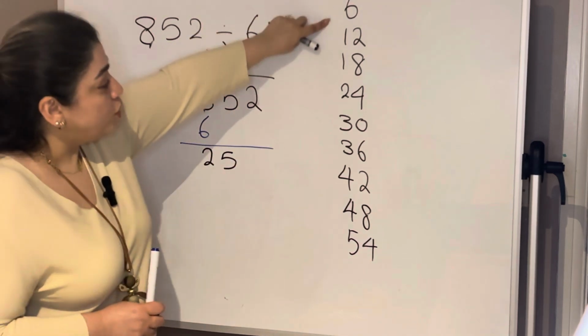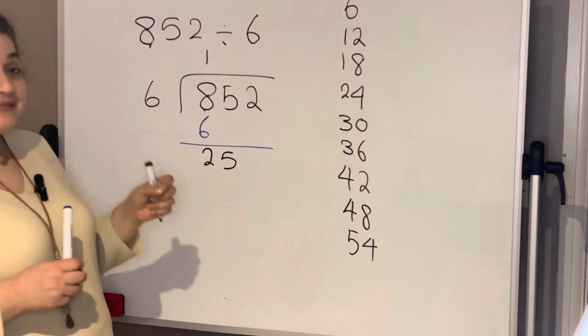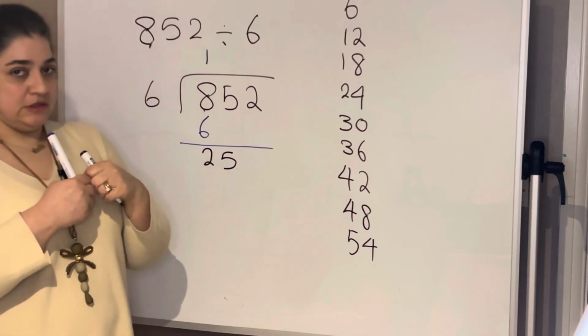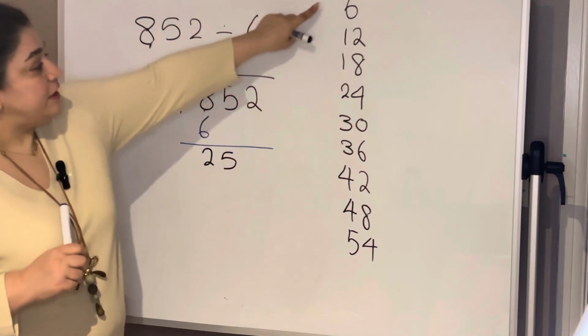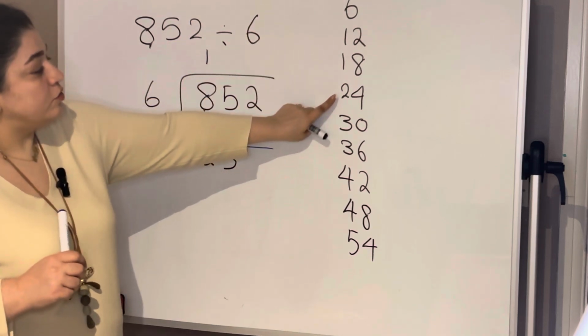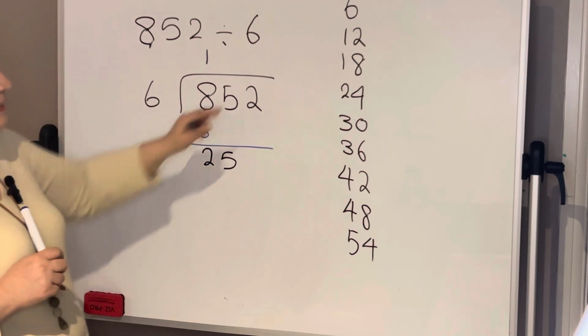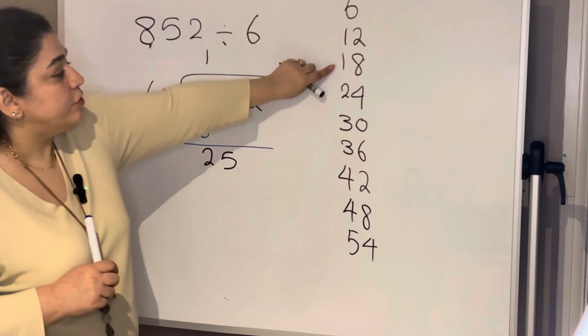Again, I have to look at these numbers. Which number is less than or equal to this number, very close to this number, but not more than this number? So if you look, you reach 24. So 24, it means how many 6? 1, 2, 3, 4.